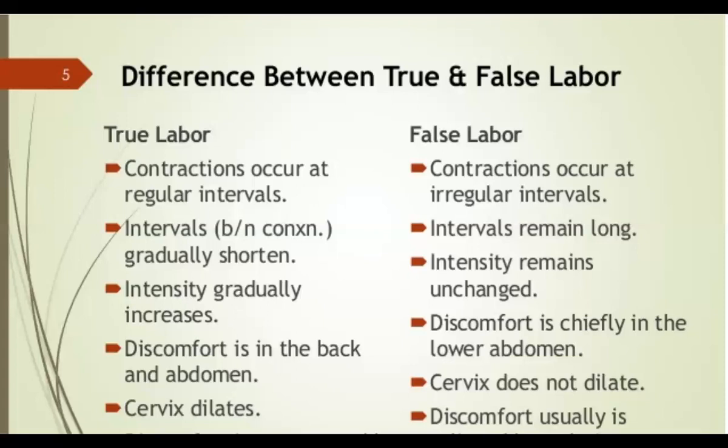If you ask the patient how the pain is, she says it is the same as the previous pain. Regarding the area of discomfort, in true labor the pain is in the back and abdomen, the suprapubic region, while in false labor the discomfort is mostly in the lower abdomen.